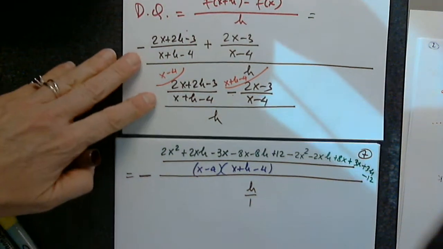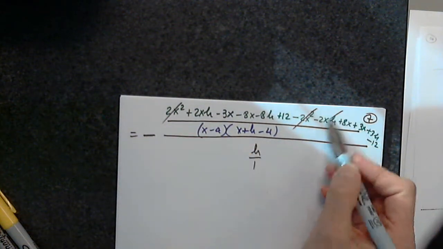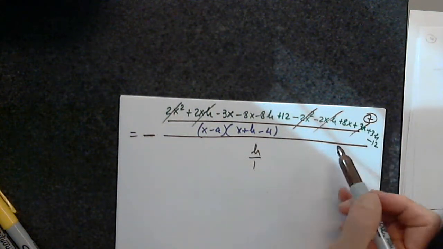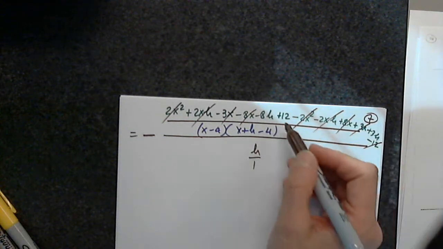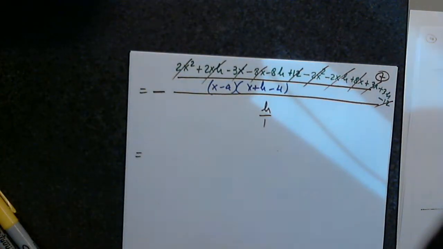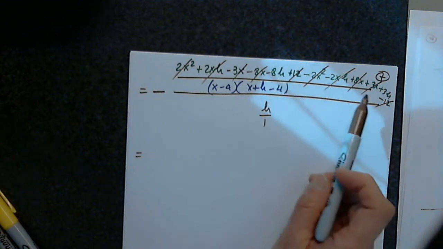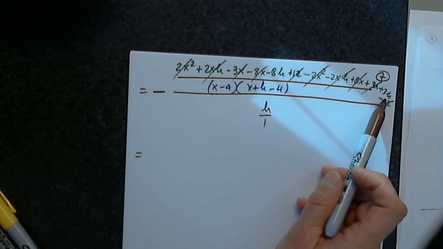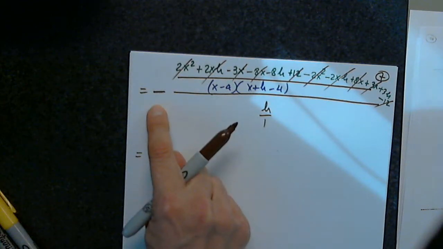Okay, so now I have to simplify. These two go away, these two go away, these two go away, these two go away, these two go away, and the numerator has negative 8h plus 3h. So it's negative, don't forget to copy the negative in front.